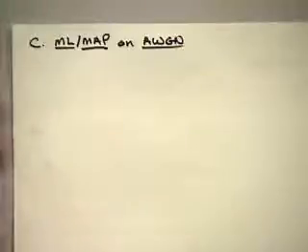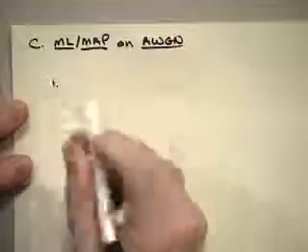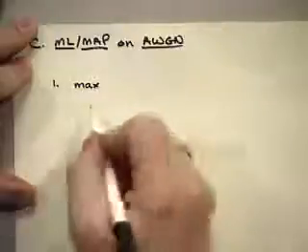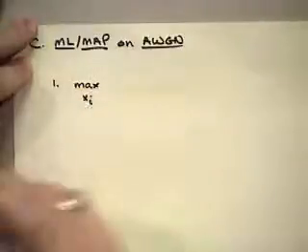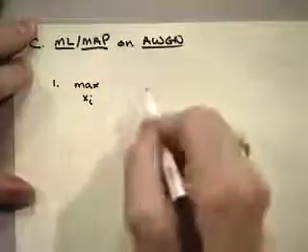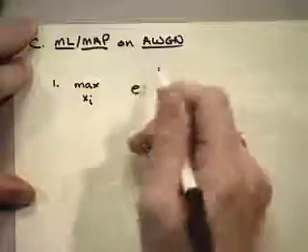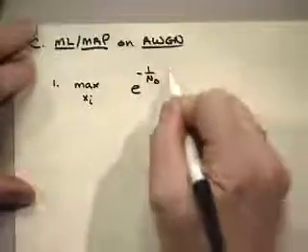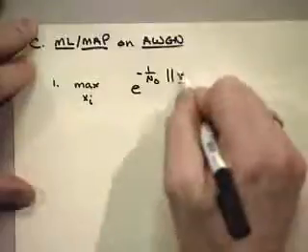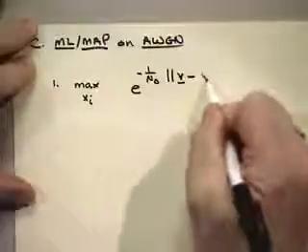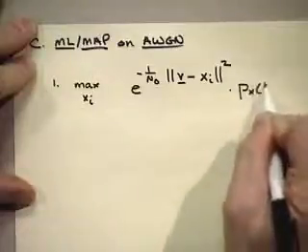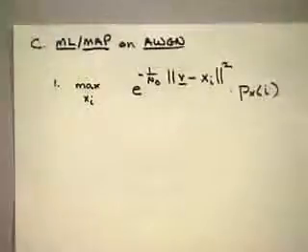We kind of have these probability distributions that were nice mathematically earlier, but what do they mean? Well, for the MAP detector, the form of that detector is basically maximize the function e to the minus 1 over N naught, the received value that we got minus x_i squared, times the probability of the input.